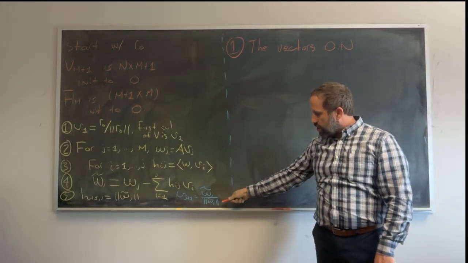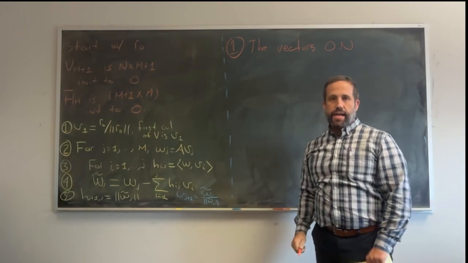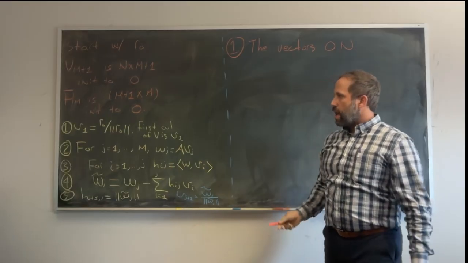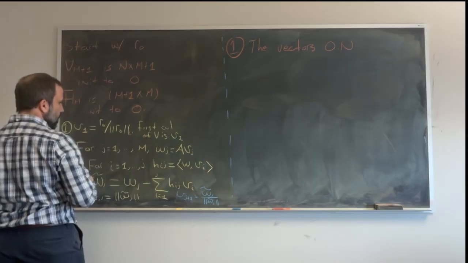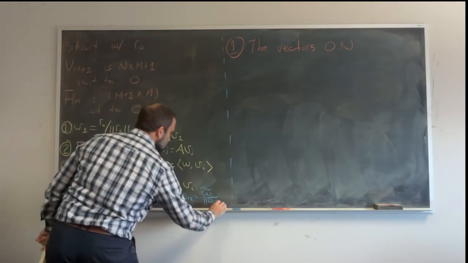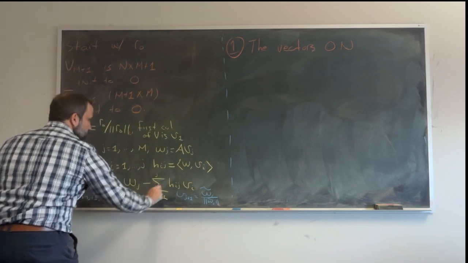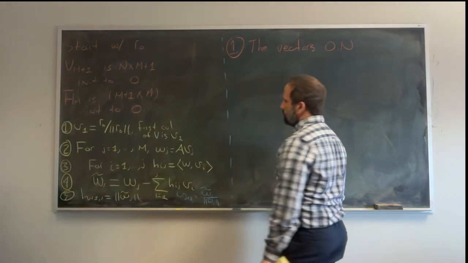We're taking wj tilde and dividing it by its magnitude, so therefore they have magnitude 1. And by the way, all of these magnitudes and inner products are just the standard Euclidean inner product and magnitude.